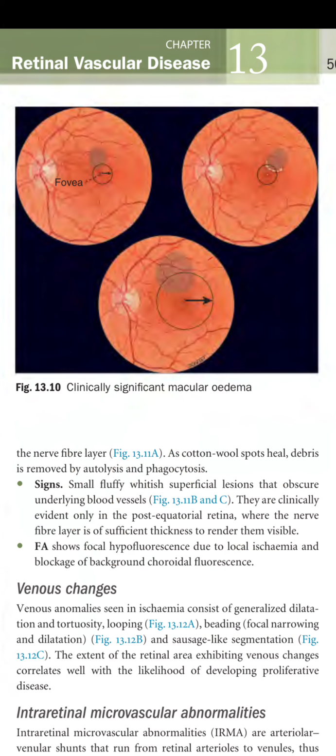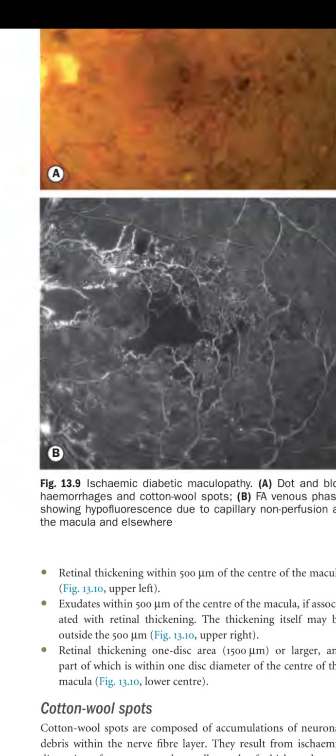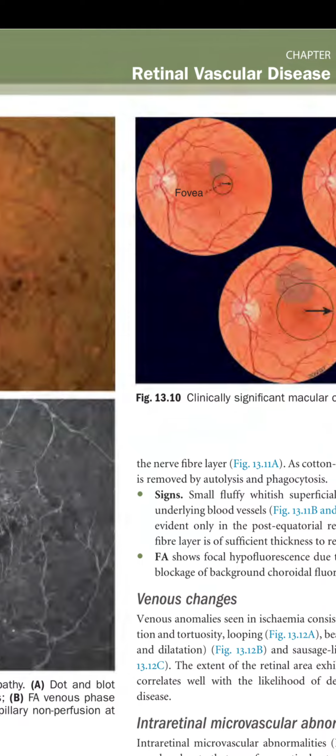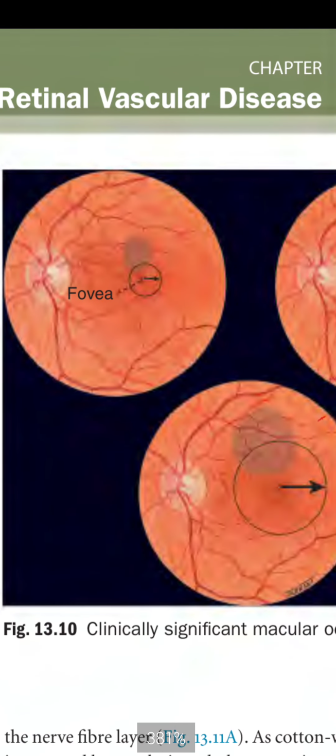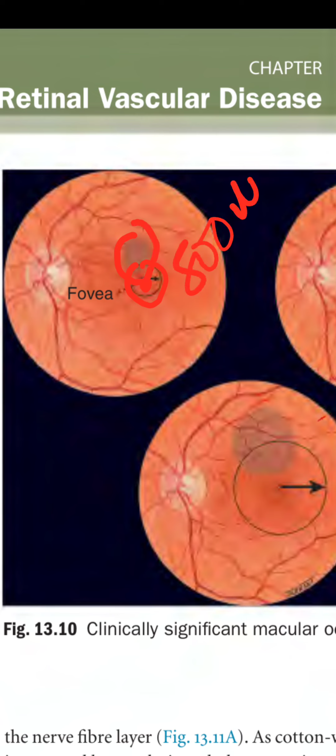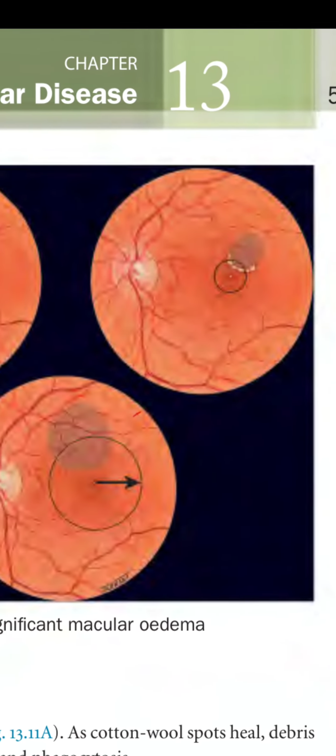of the fovea. So this is the center of the fovea. So this is a retinal thickening. You can see this is a fovea and this is the center of the macula usually. If there is a retinal thickening that is present within a 500 micrometer distance of the center of the macula, it is known as clinically significant macular edema.